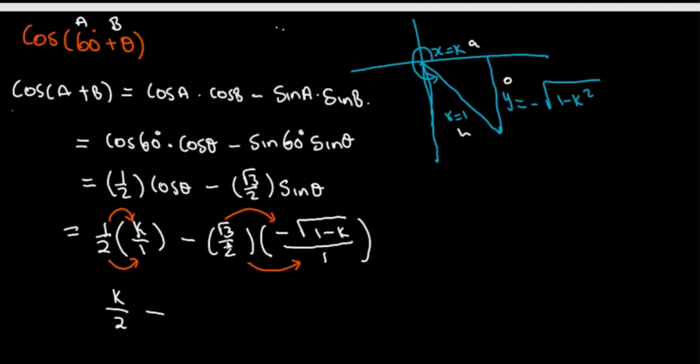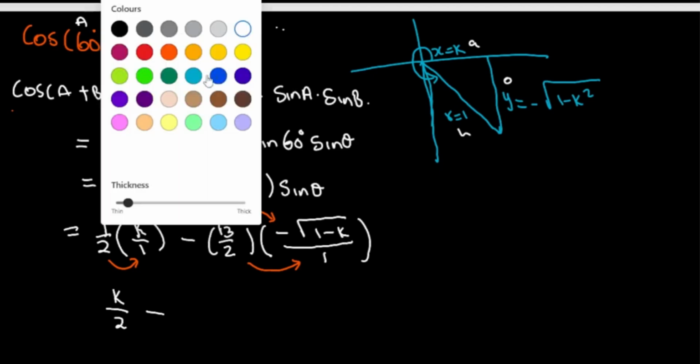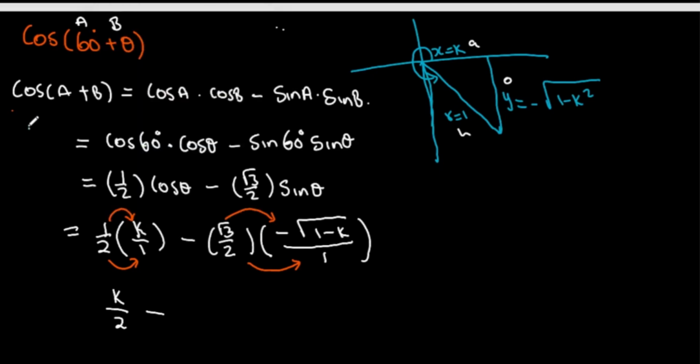I'm just going to save time and take the negative now. Let us multiply these two negatives here: this negative with that negative gives a positive. So this will be positive. Then I am going to say this will be √3 times the root of 1 minus k squared, and everything is divided by 1.